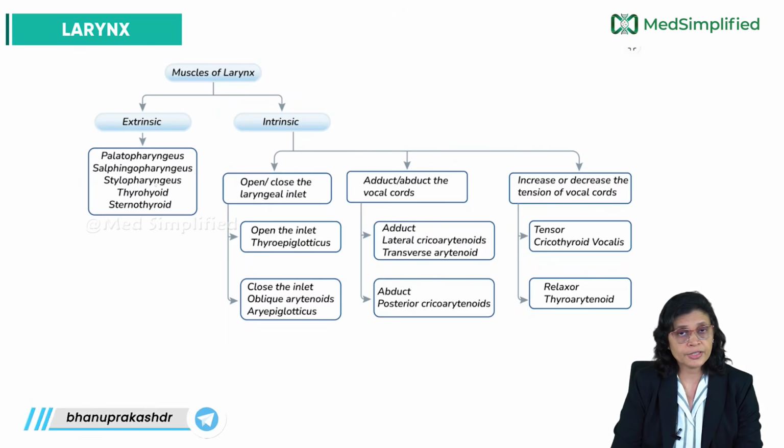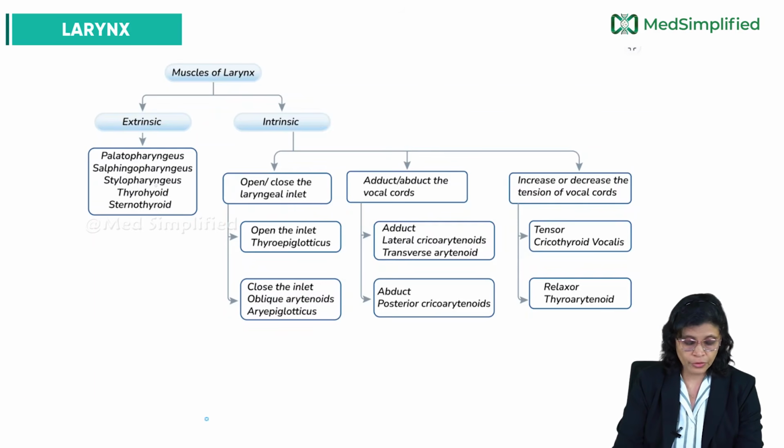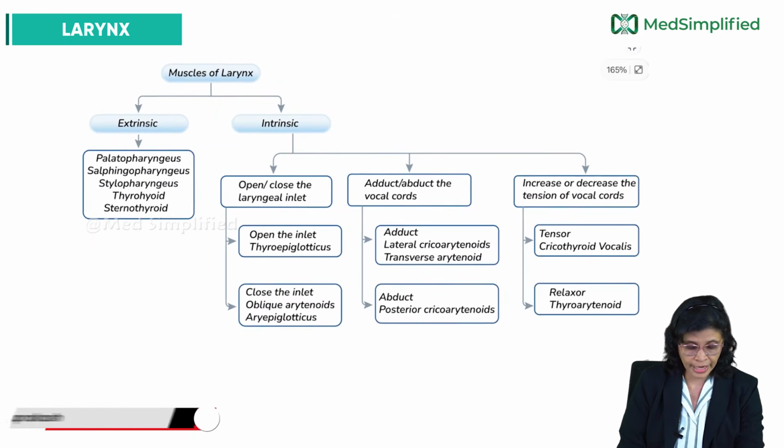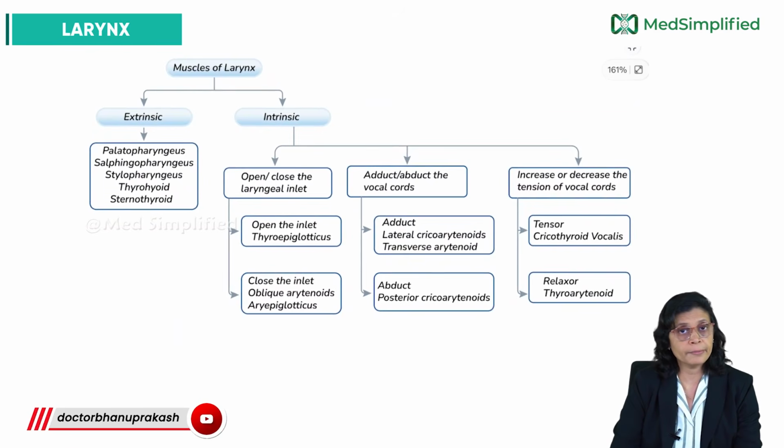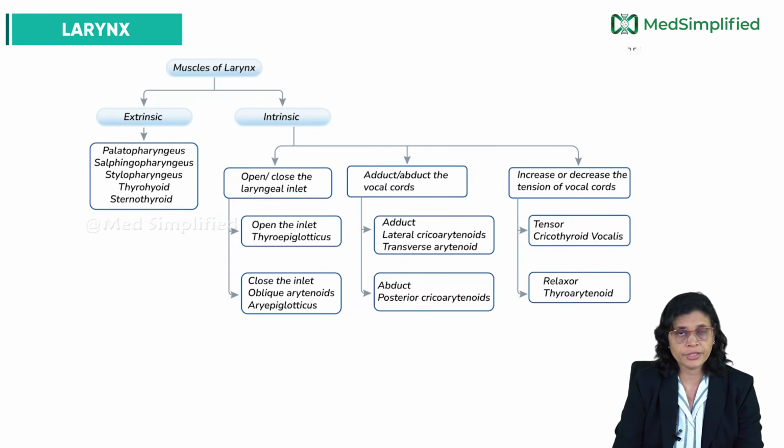And when we say intrinsic, they have the origin and insertion within the larynx itself. The extrinsic muscles here include the palatopharyngeus, salpingopharyngeus, stylopharyngeus, thyrohyoid and sternothyroid muscle. So, coming to the intrinsic muscles, to remember it easily, based on their action, we divide them into three groups.